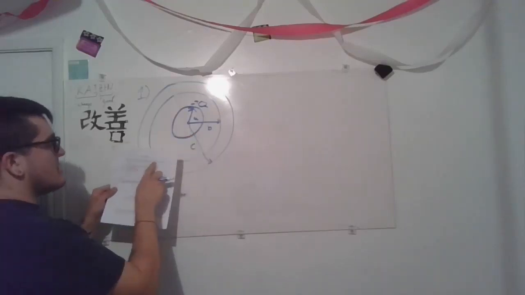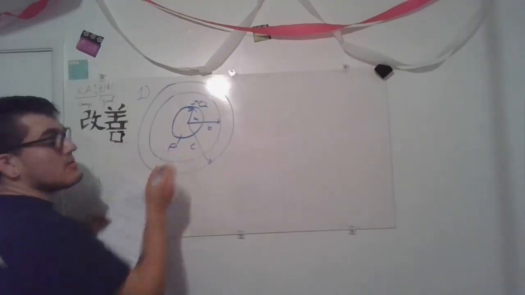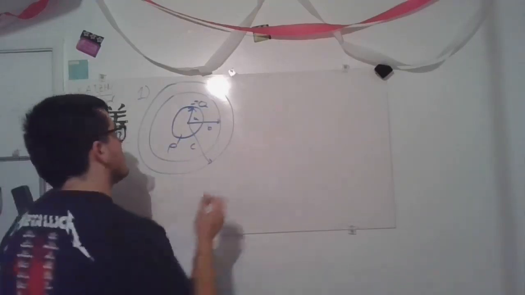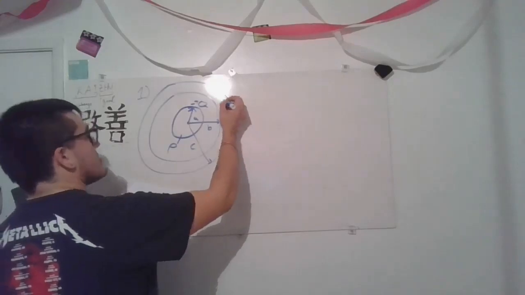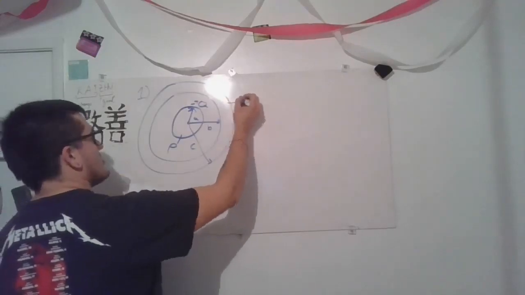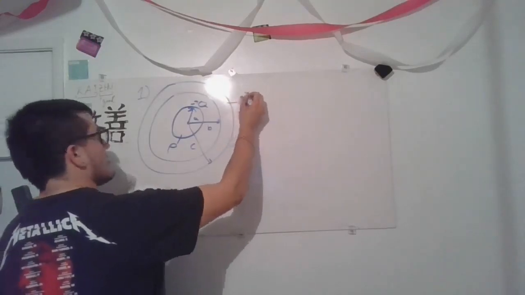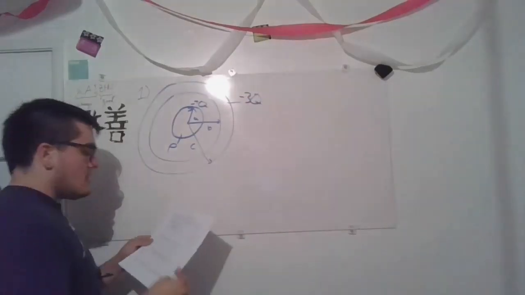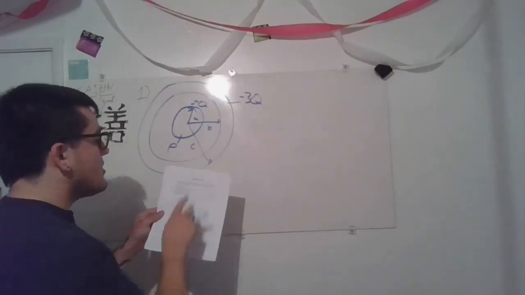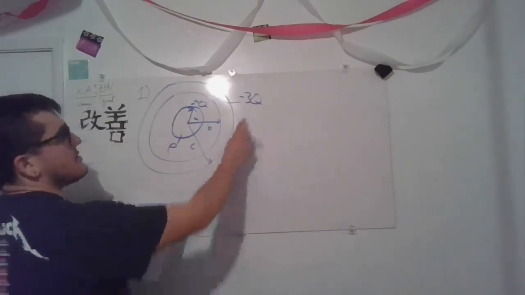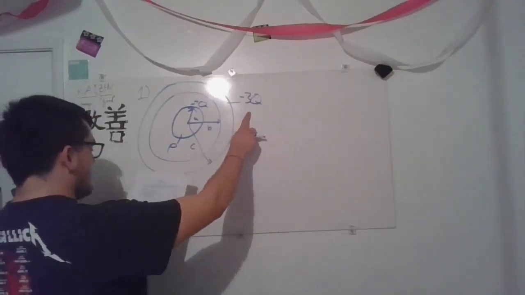And note, it says it's an insulating sphere, so I'm going to label it rho. Everybody knows why. Then the outer shell has a charge of negative 3Q.